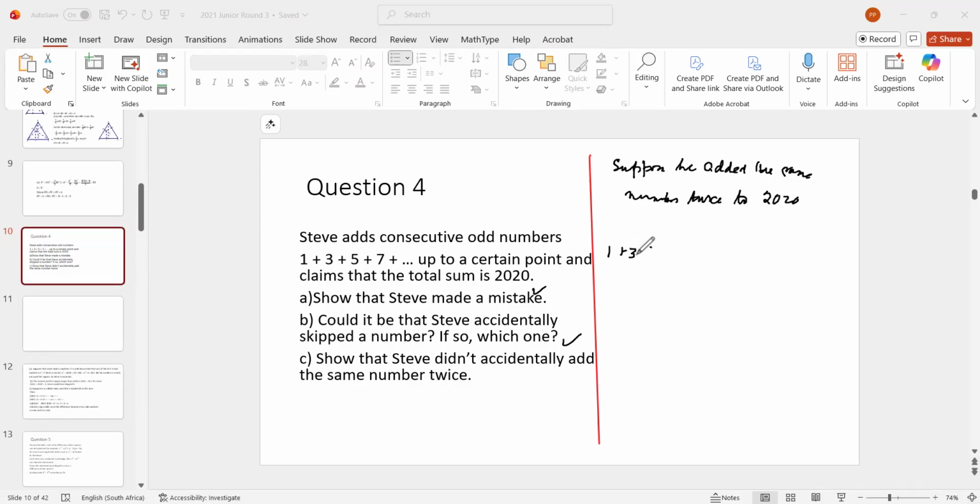So it's 1 plus 3 plus 5, and so on. Then he comes to A. Let's call this A. And then at some point, where there was a B, now this is the correct one. This is 2025. But this guy, he did this.